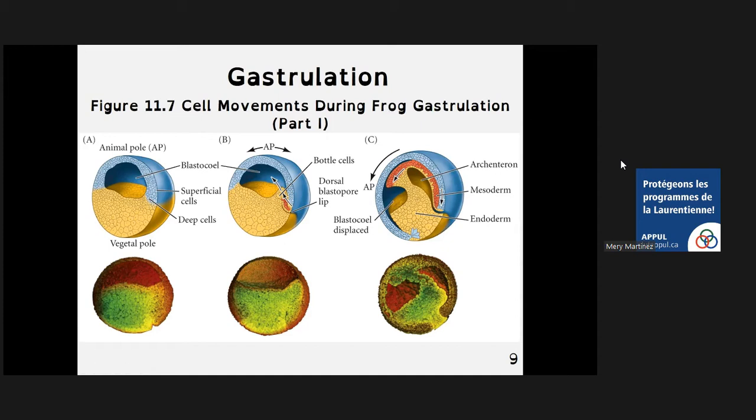So let's try the general movement pattern of these germ layers. So here we have at the edge, in between the animal pole and the vegetal pole, a section, in the posterior section here, where we're going to see some things called the superficial cells.